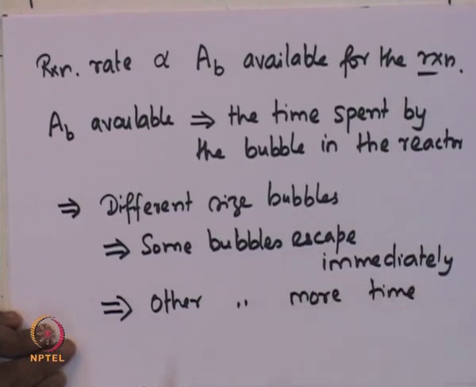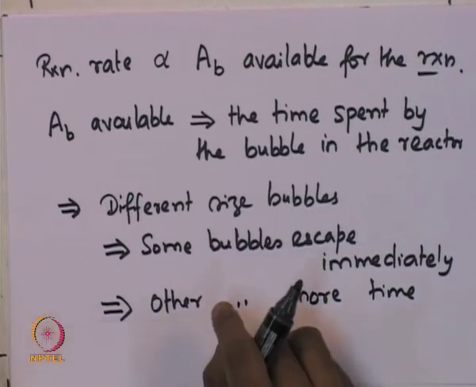Other bubbles may spend more time inside the reactor, and as a result of this, the amount of species which is present in the gas phase can get completely consumed, because the bubble is now spending sufficient time inside the reactor for all of the reactant to diffuse from the gas phase and reach the gas liquid interface and contact the liquid phase species and the reaction to occur.